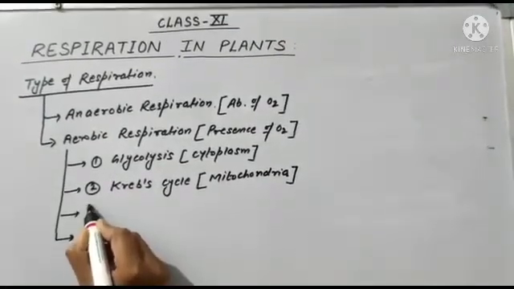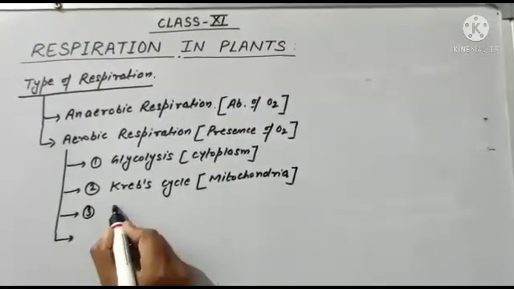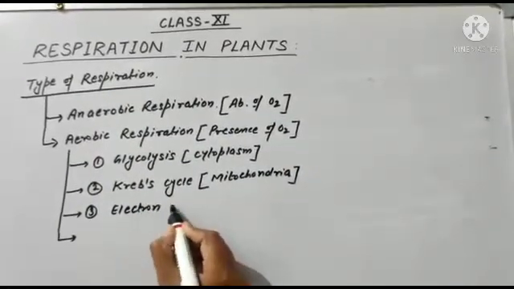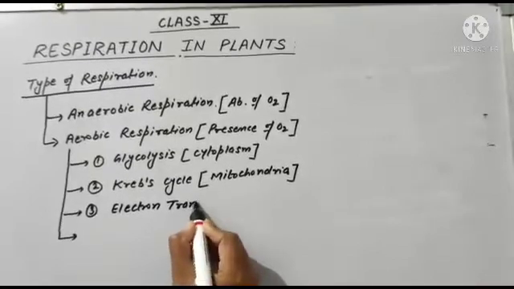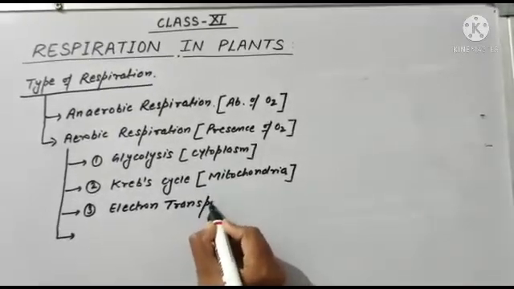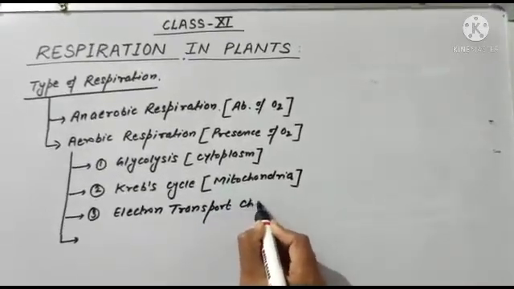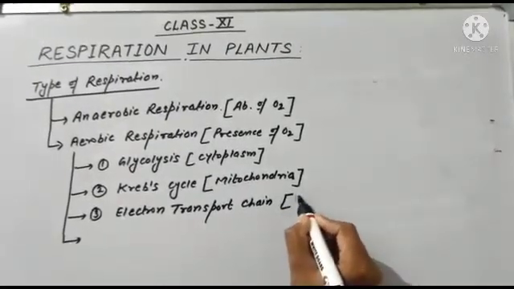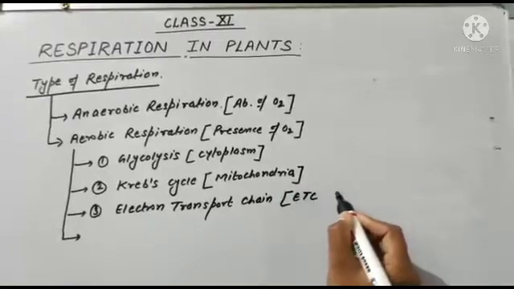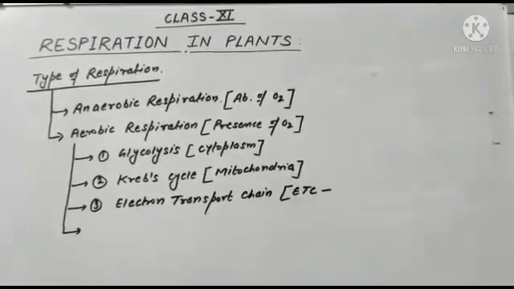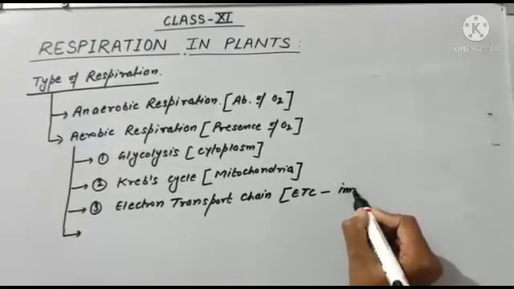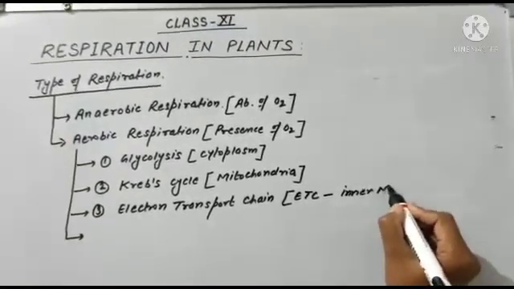The third step in aerobic respiration is the electron transport chain system, which is also abbreviated as ETC, and the site for the electron transport chain is the inner membrane of mitochondria.